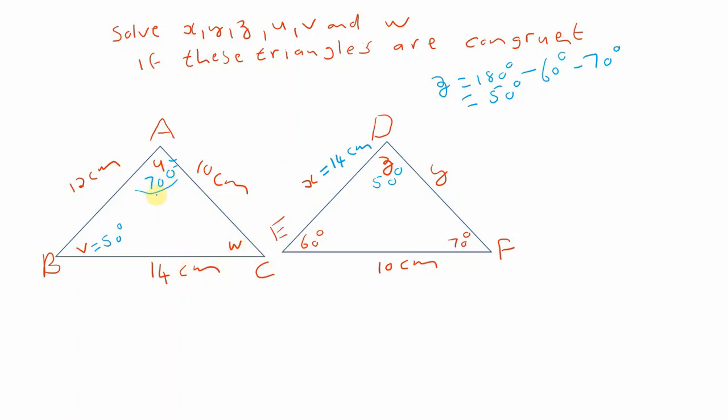So 70 and 50 is 120, so we need still 60 degrees to get W. So now we have U, V and W, we have X, we have Z, the only one that is missing is Y. And now we have already the lengths of 10 and 14, so therefore the missing one is 12 centimeters.